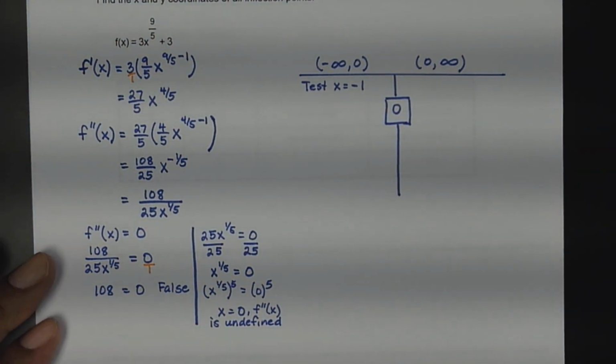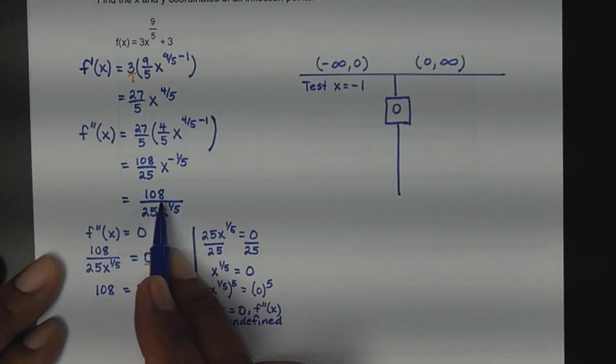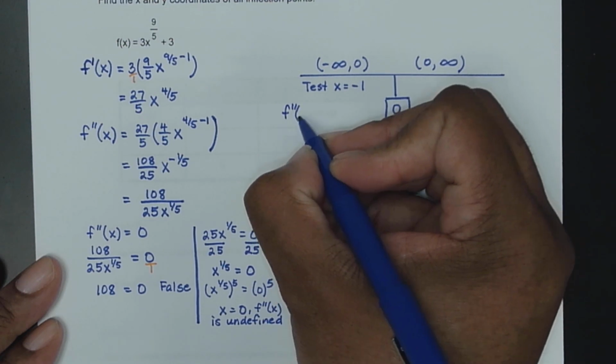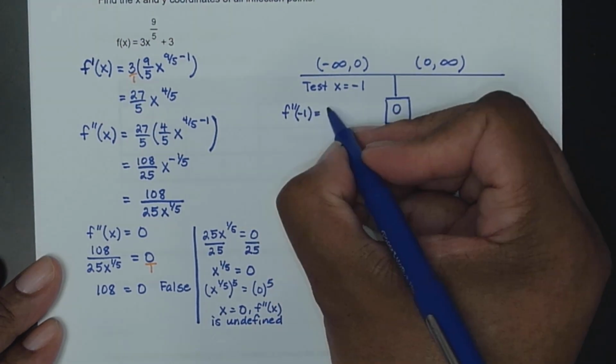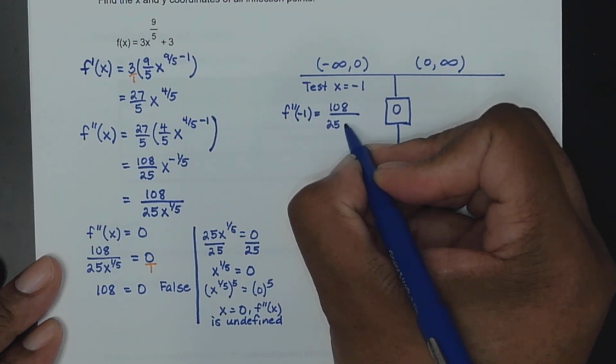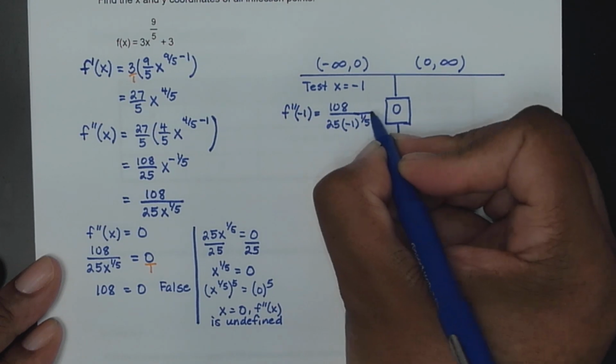And then we go ahead and substitute the negative 1 for the x in our f double prime of x function right here. So f double prime of negative 1 would be 108 divided by 25 times negative 1 to the 1/5 power.